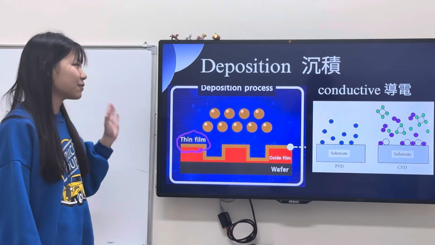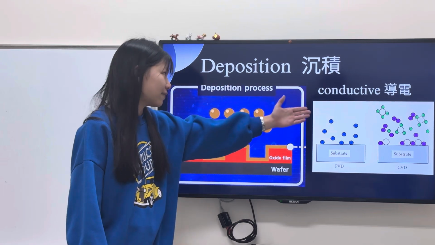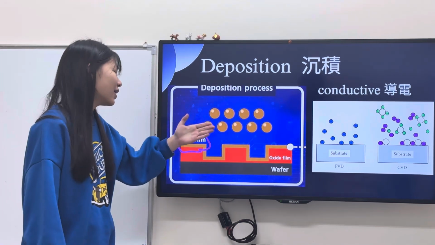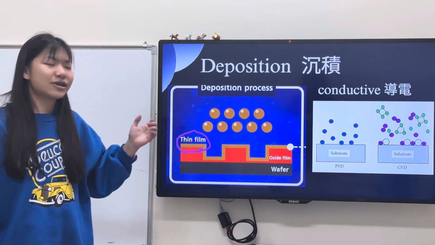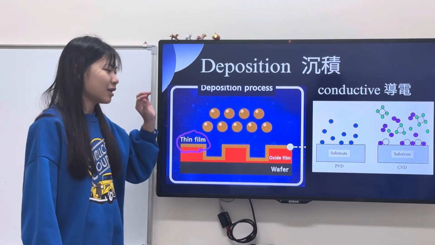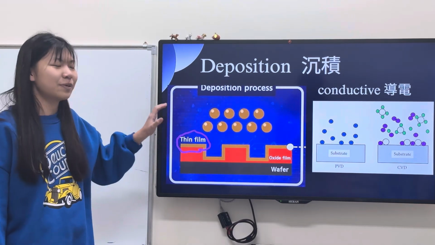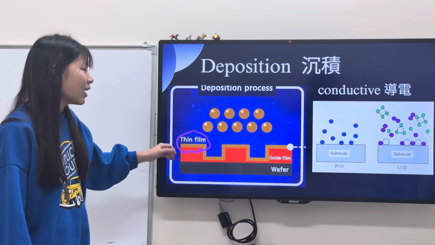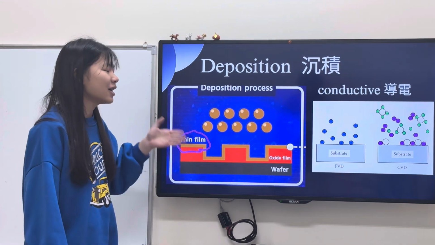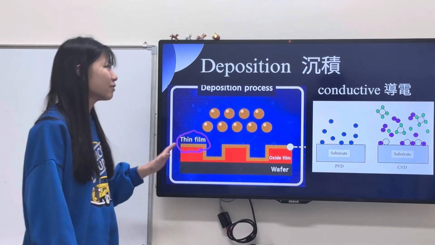After the circuit is ready, the wafer needs to be made conductive. And the deposition process is here. This process would use a thin layer of material and put it on the wafer, and this can create electronic characteristics.